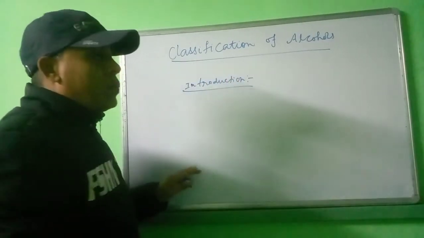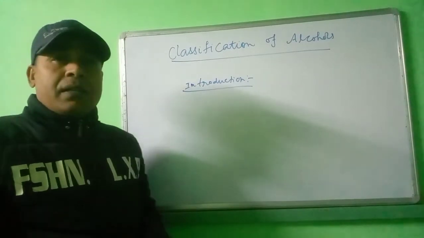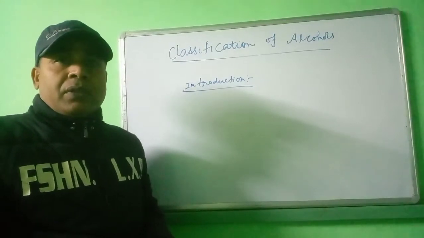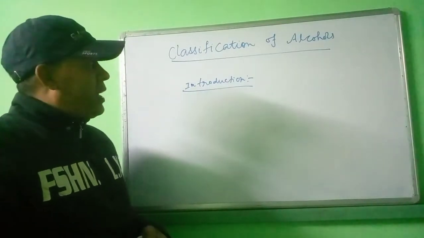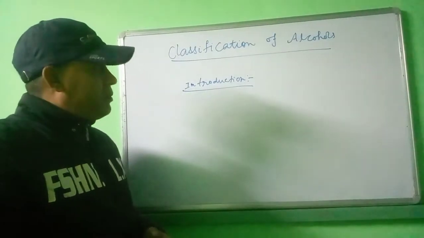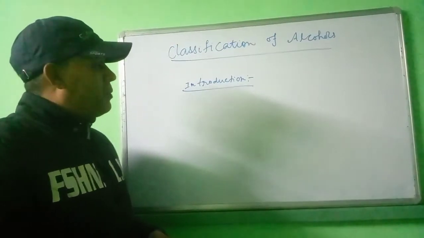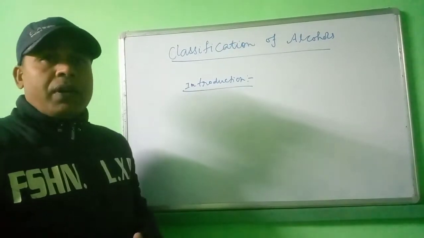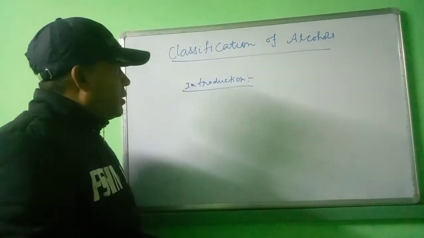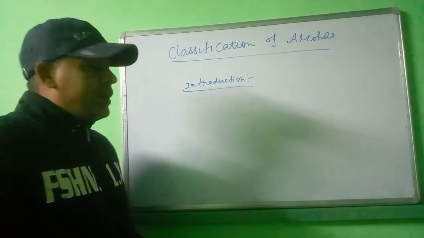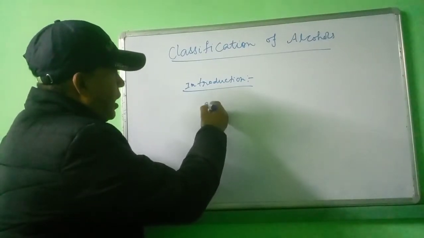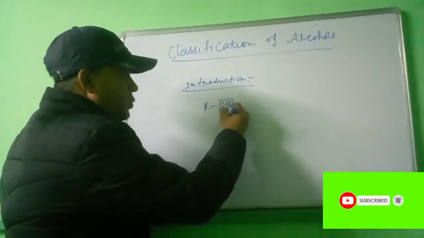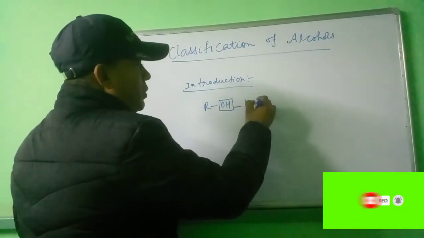Alcohols are hydroxy derivatives of aliphatic hydrocarbons, which are obtained by replacing one or more hydrogen atoms of an aliphatic hydrocarbon with a corresponding number of hydroxyl OH groups. Alcohols are represented by the general formula ROH, where this OH is the hydroxyl group.